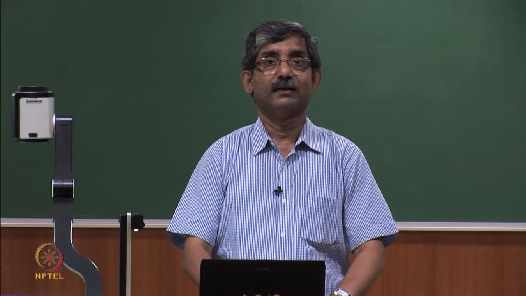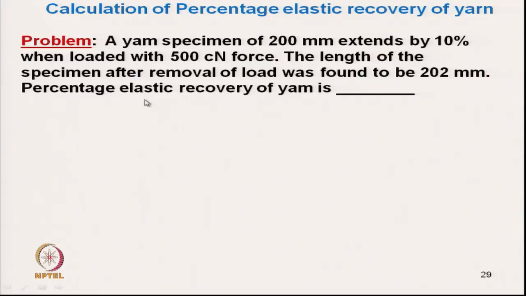Next, we can calculate for a yarn specimen of 200 millimeter extended by 10% when loaded with 500 centinewton force. That means when 500 centinewton force is applied, the 200 millimeter yarn is extended by 10%. The length of the specimen after removal of load was found to be 202.